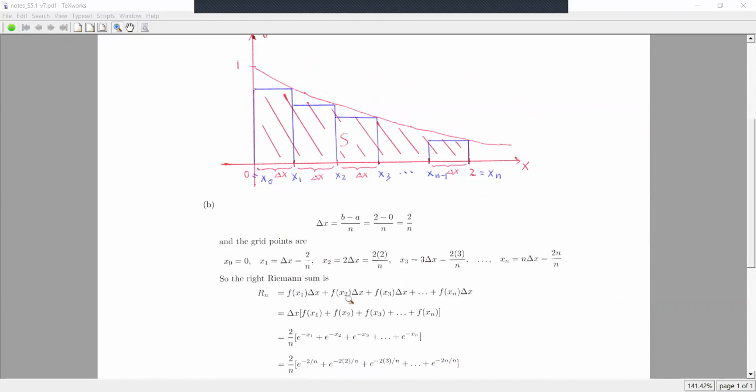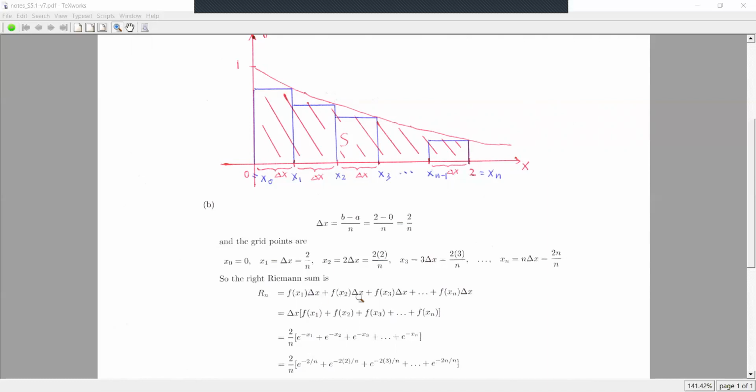The area of the second rectangle is base times height. The area of the third rectangle is base times height, and so on. This is the sum of the areas of the rectangles. This is the right Riemann sum, because the rectangles are built by right endpoints.